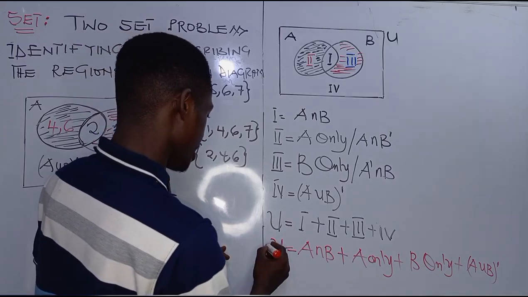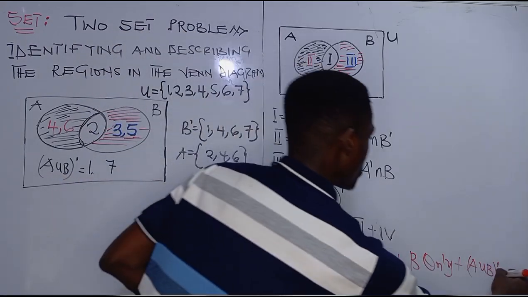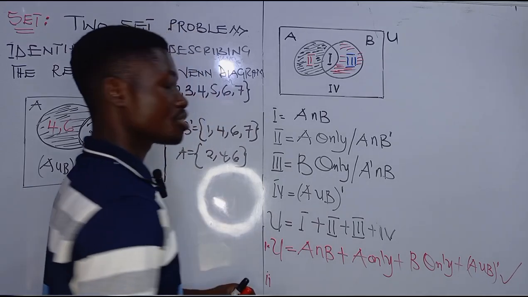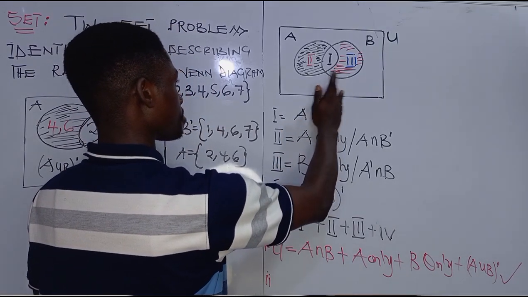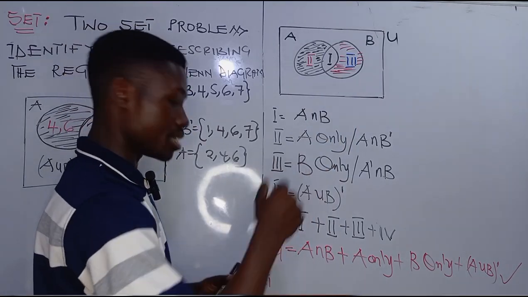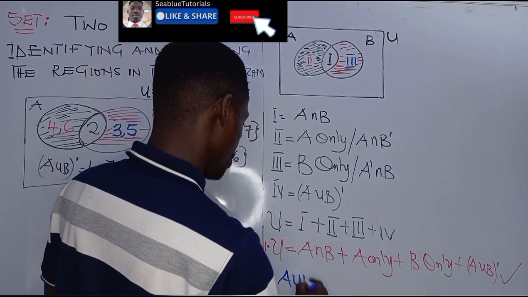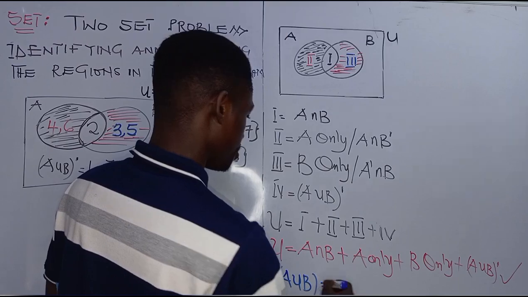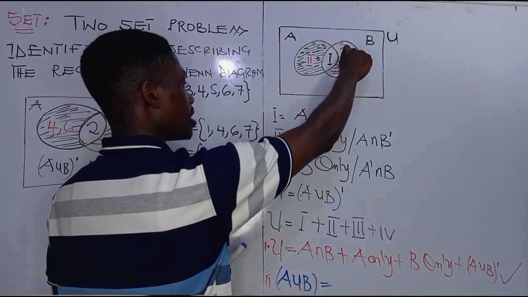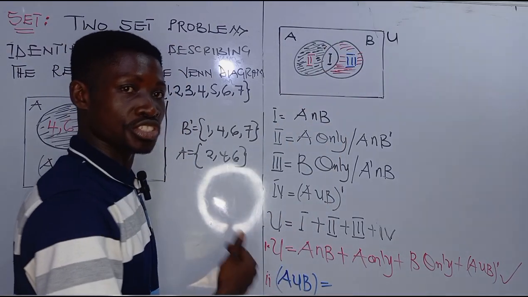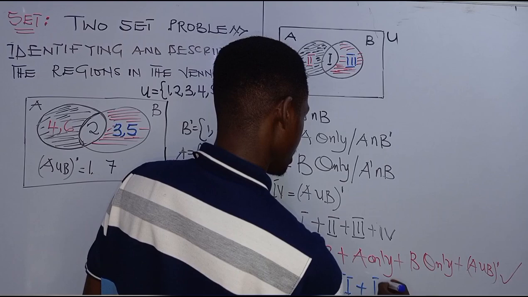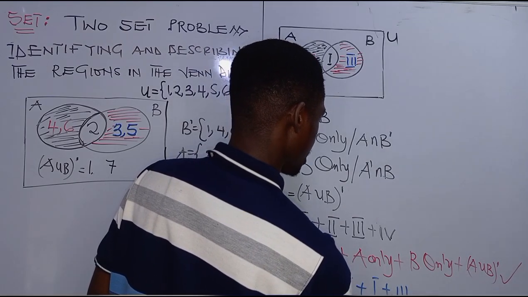Let's look at the next equation. Now, assuming that region IV is 0, and then I ask you to find A union B. I believe to find A union B, we are going to add this region and then this region in order to obtain A union B. So we are going to get region I plus region II plus region III.